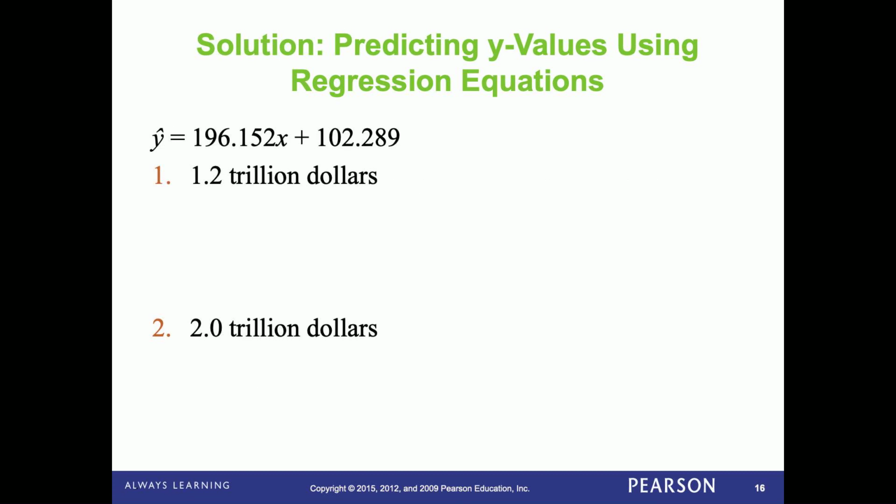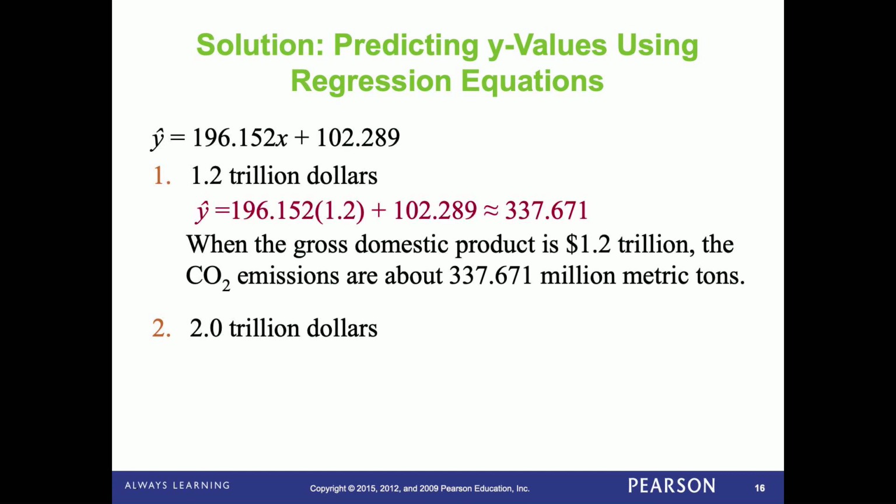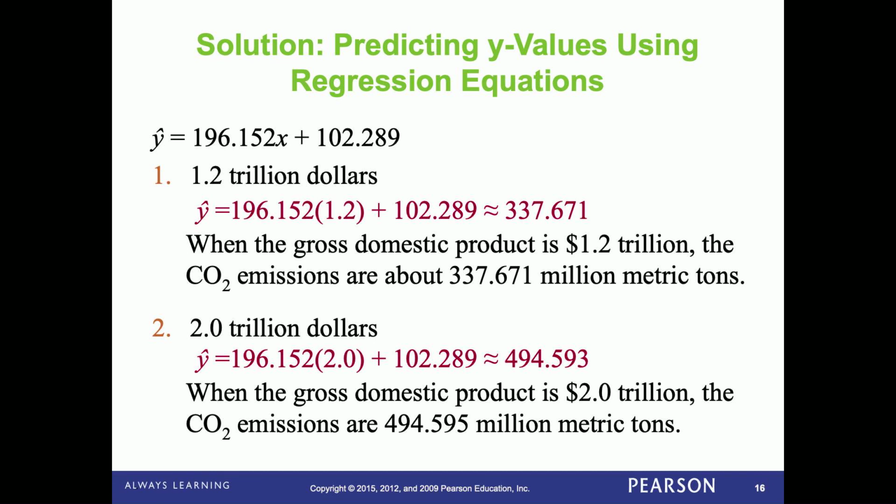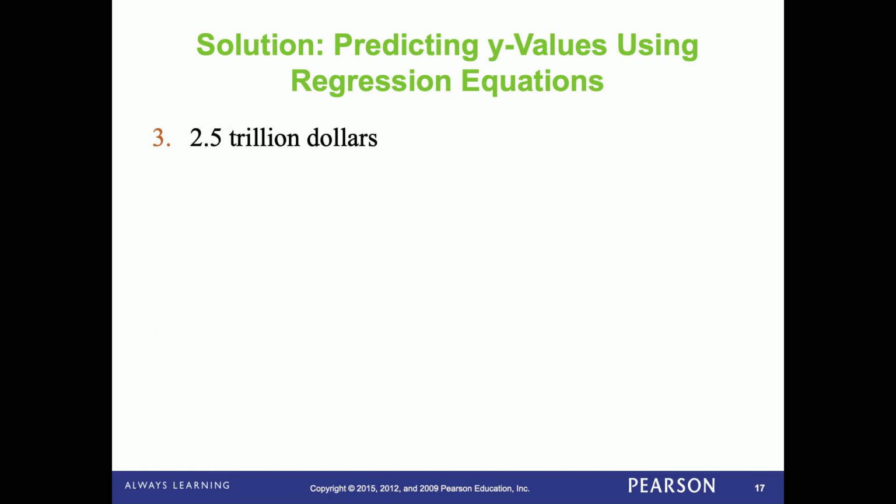So 1.2 trillion is my x value. I plug it in and figure out my y value is 337.671. I put in 2 and I figure out my new y value is 494.593. My new x value is 2.5.